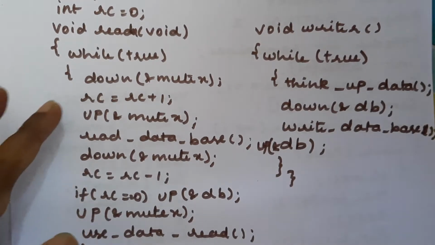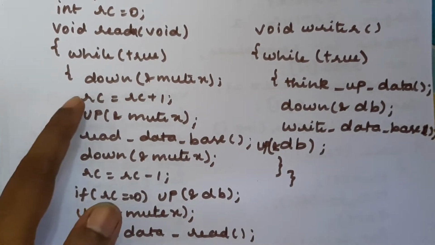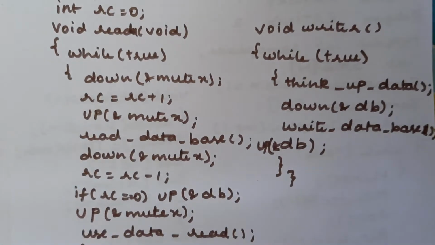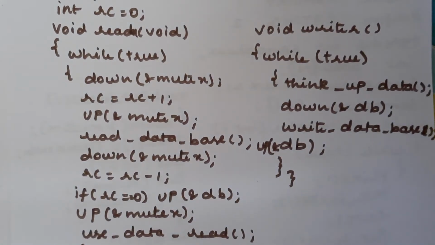While true, down of mutex. Initially we execute the down operation on the mutex variable. What is the meaning of executing a down operation on a variable? We are decrementing the value of that variable, and it should not be 0 already, right?